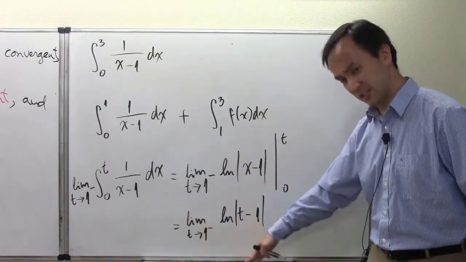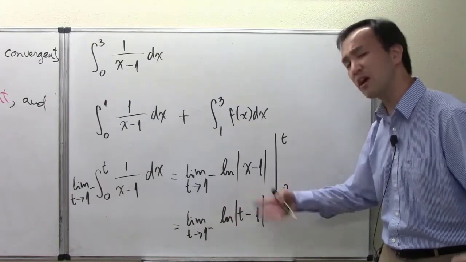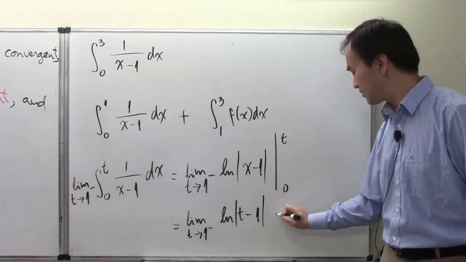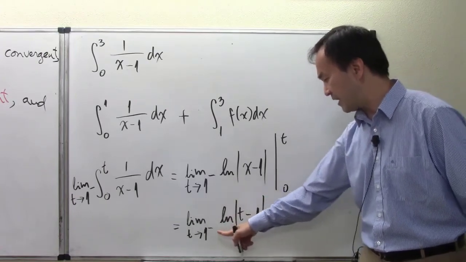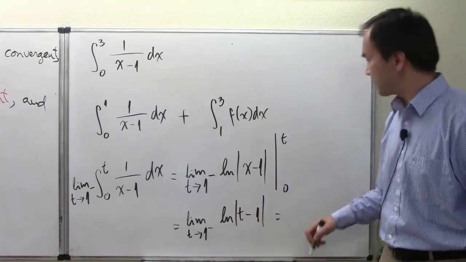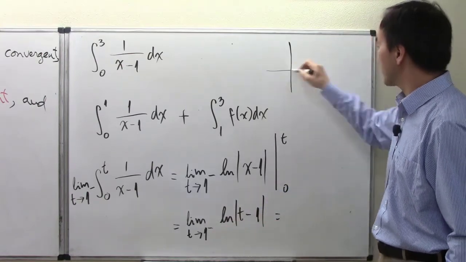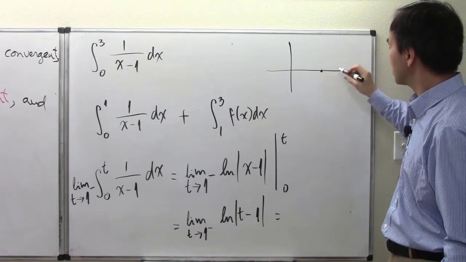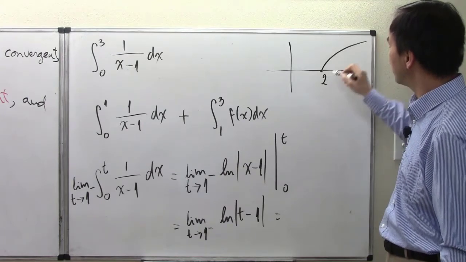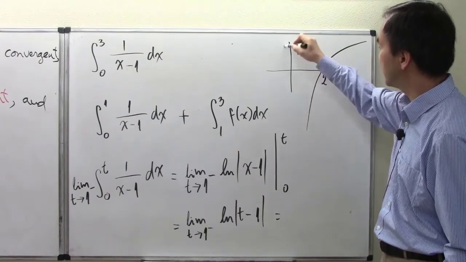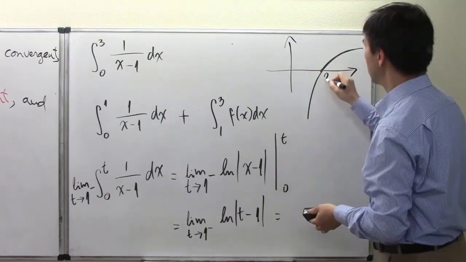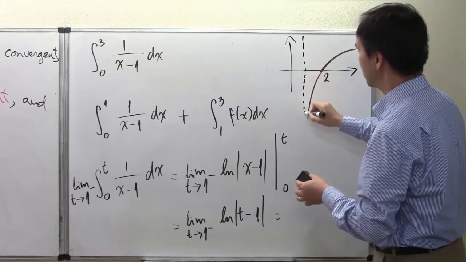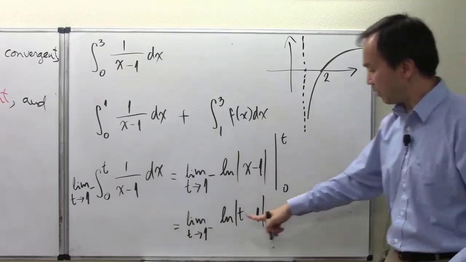Supposedly there should be one more step, but this problem in the end is only an illustration problem, a demonstration problem, so allow me to be a little skippy there. Now I'm seeing that with this function, as I'm getting closer to 1 from the left-hand side, the natural log of the absolute value of t minus 1 has an asymptotic behavior like that, crossing the x-axis at 2.